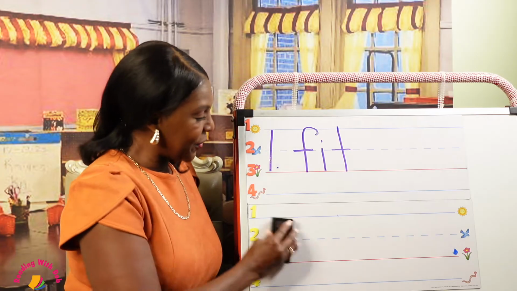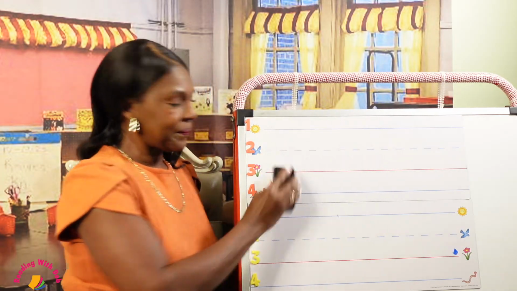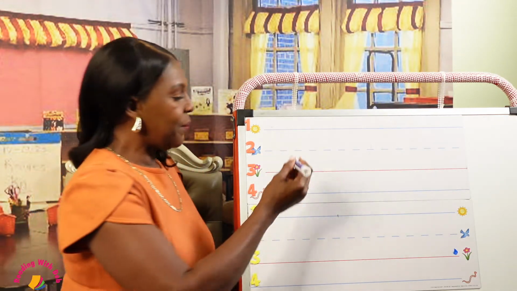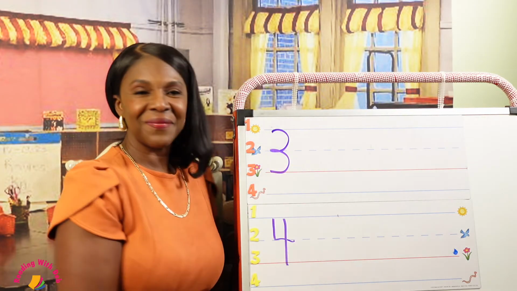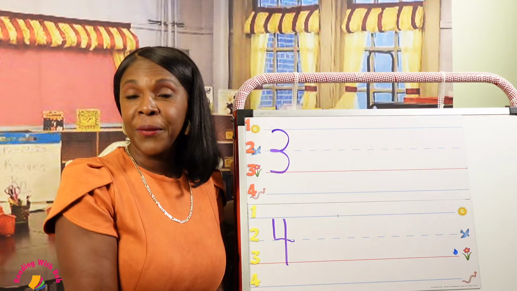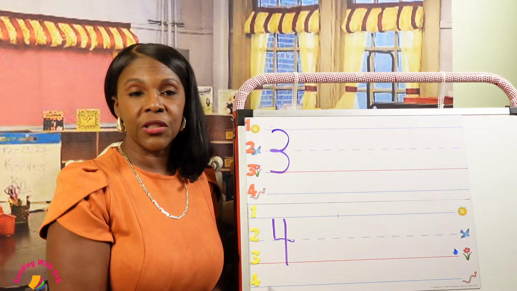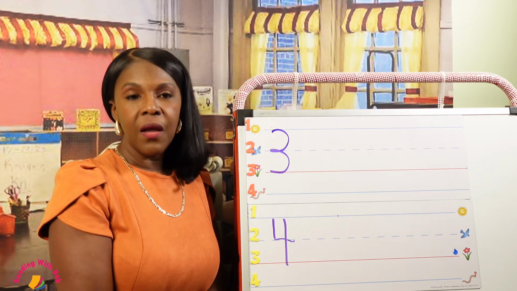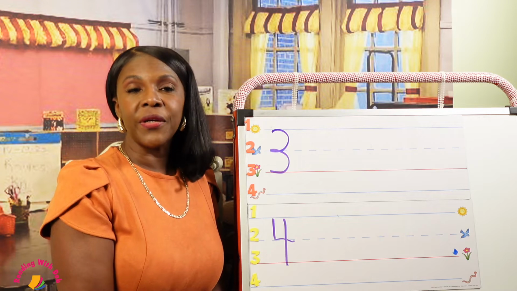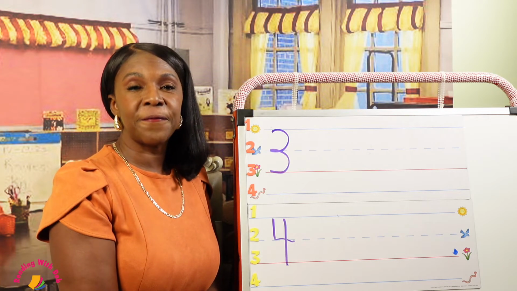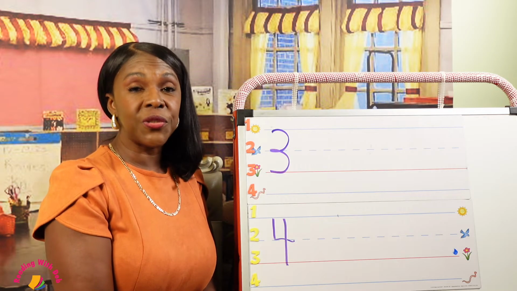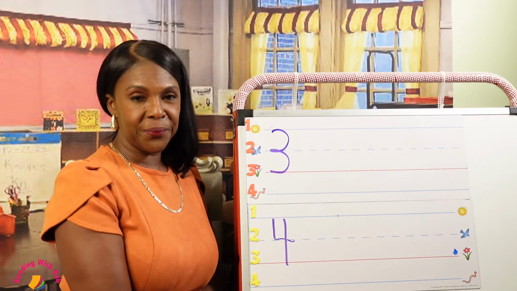Number 3 and number 4. Number 3. Remember, some of these words are just made-up words, nonsense words. Number 3, the word is sif. Sif. And the words are only using letters that we have learned.